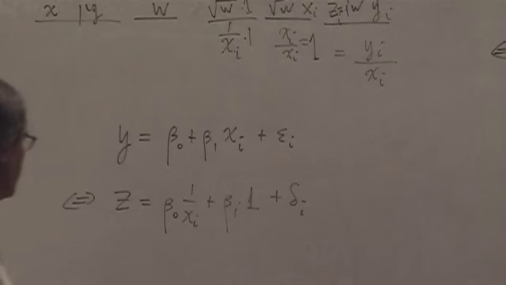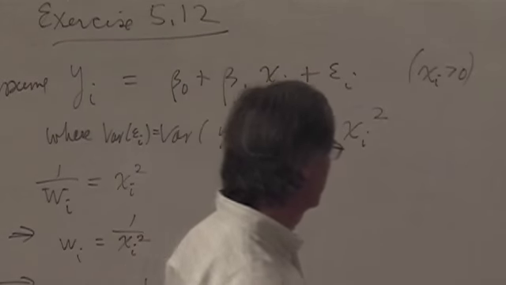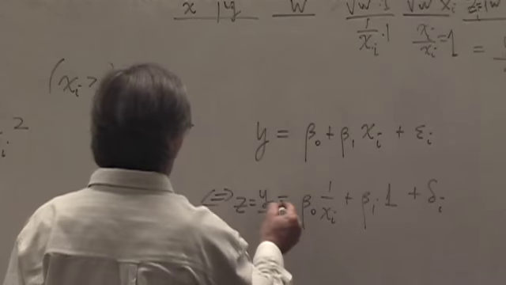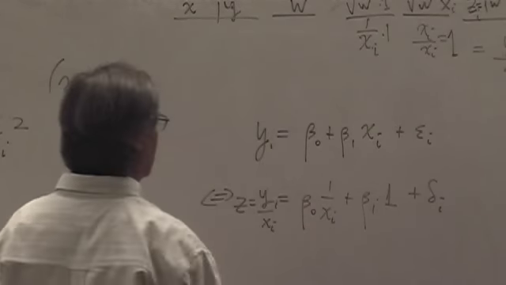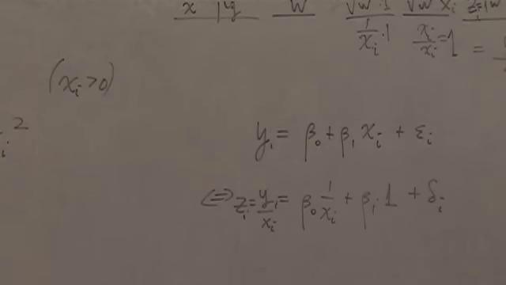So now the roles of beta 0 and beta 1 are interchanged. If I regress z equals yi over xi on 1 over xi.